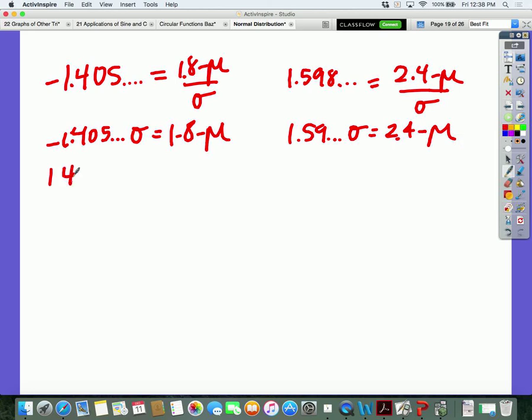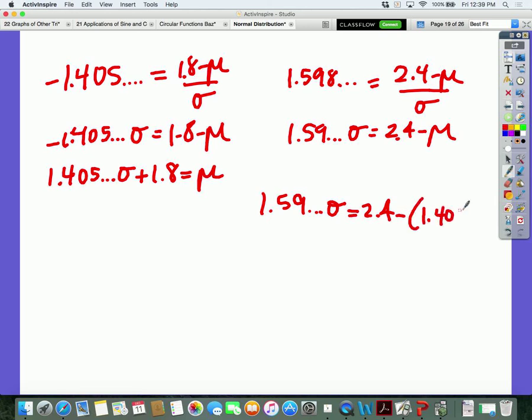If I solve for the mean, this is what I'll end up having. I'm going to plug that value in over here. I'm going to add over my standard deviations.